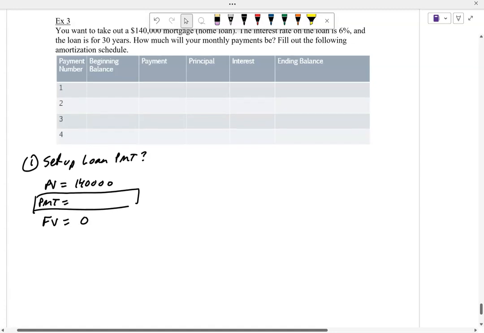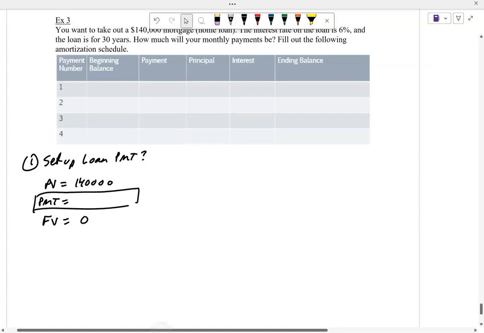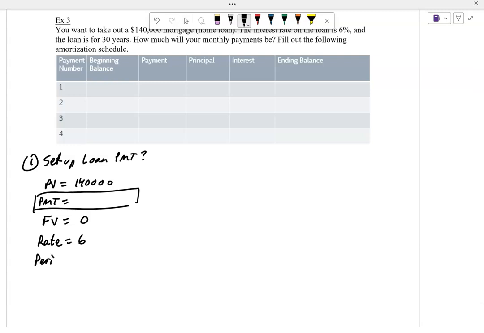It's 6% interest, a 30-year loan, compounding monthly, 30 times 12. So I'm going to make 360 payments. And if I click payment, it'll cost me $839.37. Okay, so that's step one.